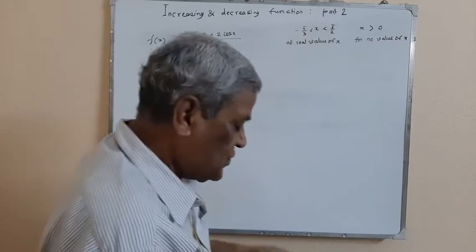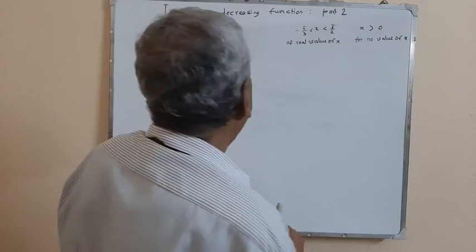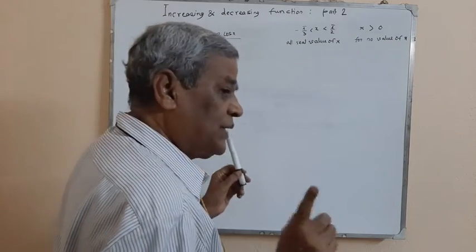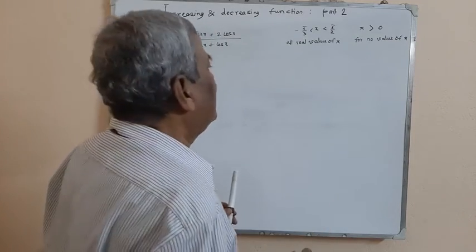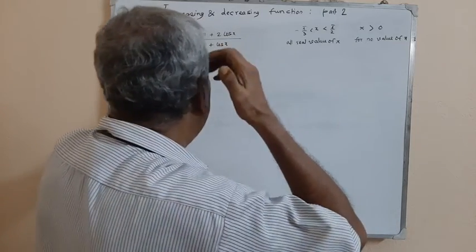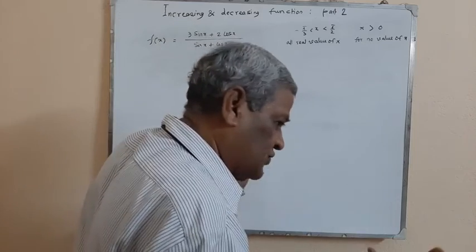So in this case also, the problem is very straightforward. One function is given, we have to find where the function is strictly increasing. We have to differentiate it first.